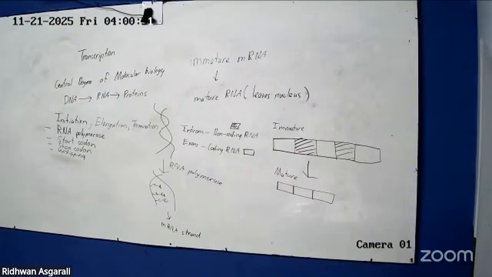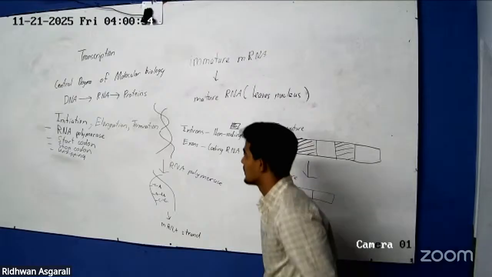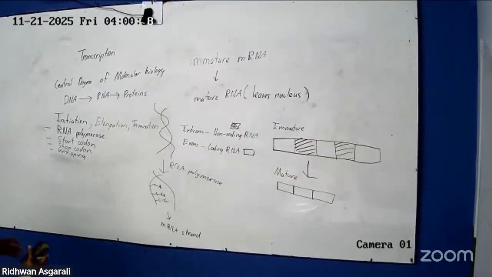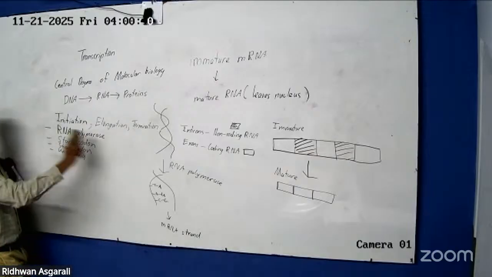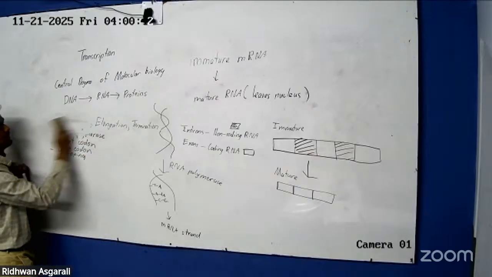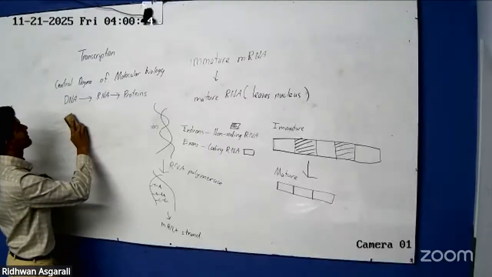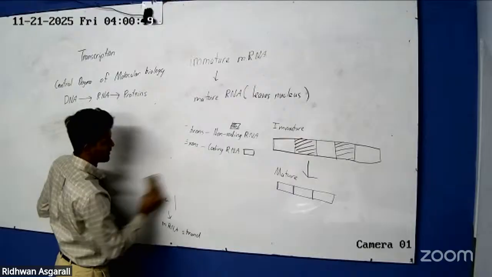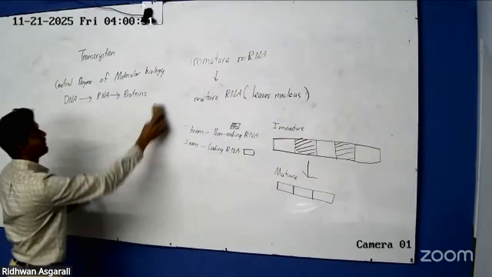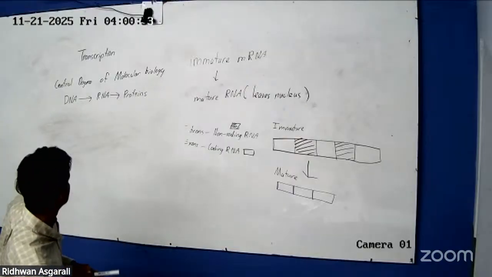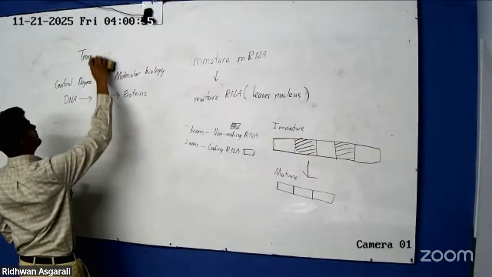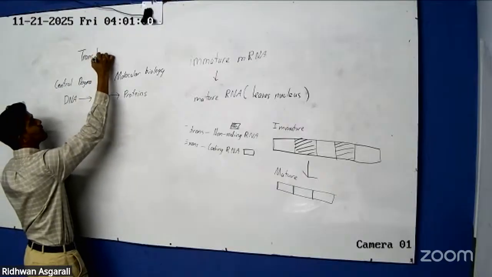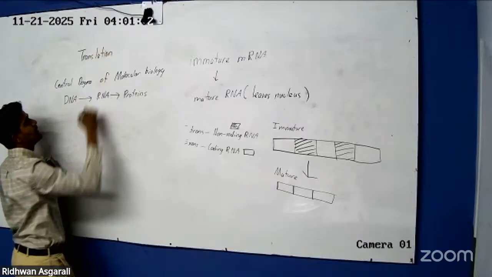Right. So after this, we could start with translation. I can erase this. Great. Now we can go to translation. So we transcribe our RNA, now we can translate it.